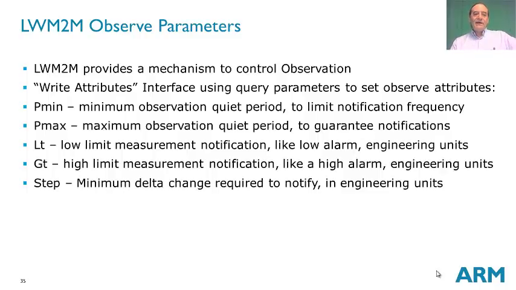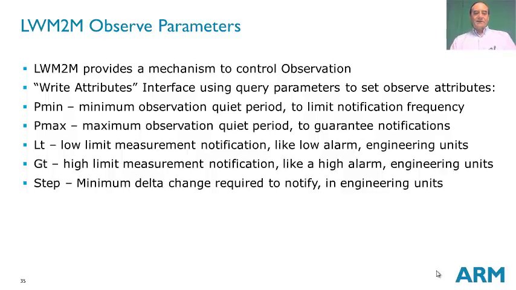So briefly, PMIN and PMAX define the minimum and maximum observation period to provide a filtering to limit the frequency so you don't get too many notifications. Also to provide some minimum number of notifications in case nothing's changing. Every once in a while you can get a notification anyway.